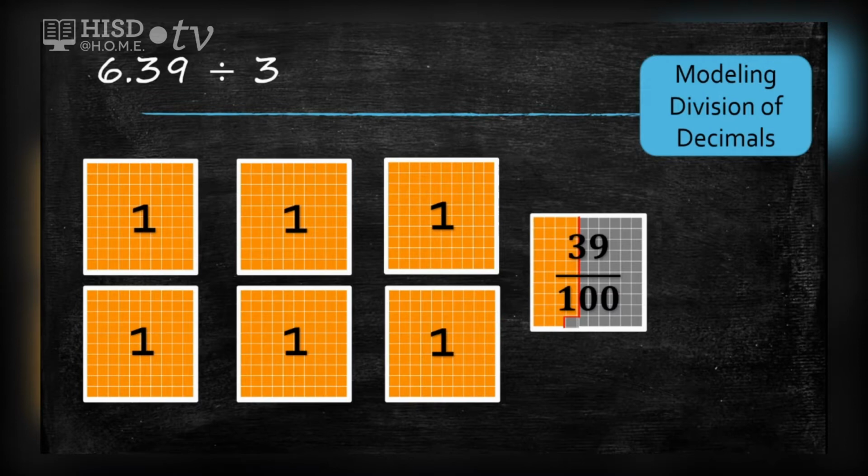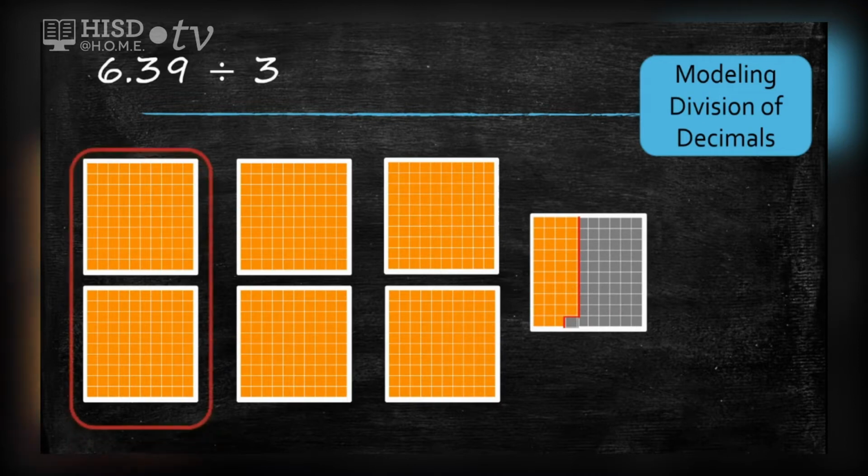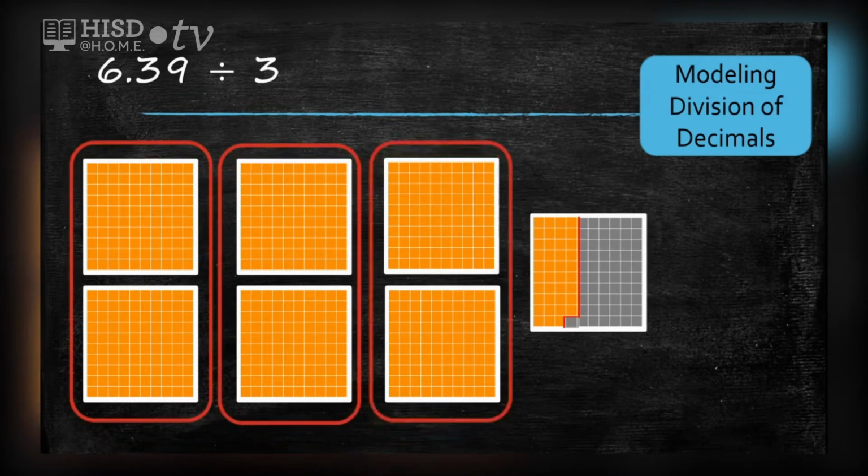And we are going to divide it into 3 equal sections. Well, if we look at the whole numbers, it's very easy to see that if I divide this into 3 sections, each section is going to be equal to 2 whole units.